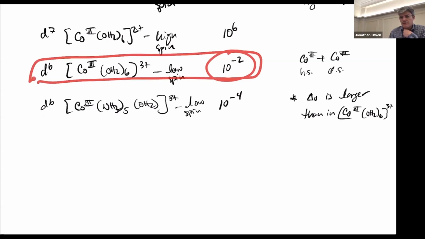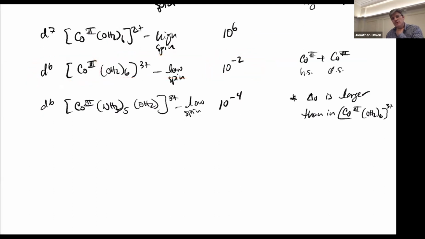There's a long debate about why. People think, in fact, that there's a little bit of cobalt-2 in this solution. It's not actually cobalt-3 only. So you go measure an exchange rate constant of 10 to the minus 2, but it's actually quite a bit slower than that. So the difference between these two may not reflect reality.